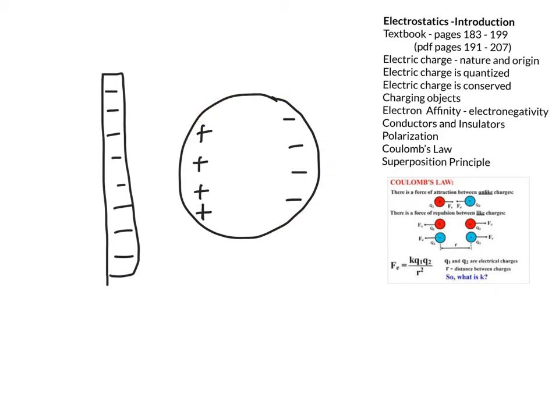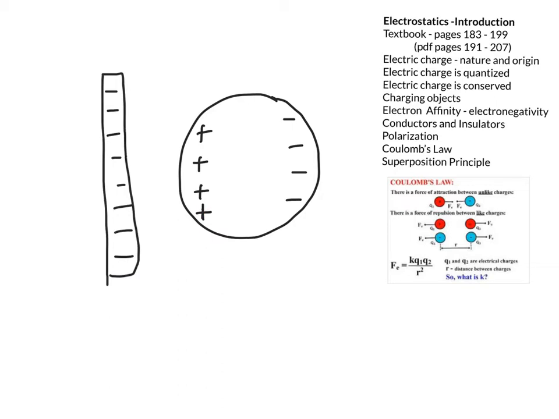On its side, we can actually do this, and the electrons go over here, and that leaves a net positive charge on the front side. So if you said the positive charges move toward the rod because they're attracted, that's generally correct, but in fact what happens is the electrons are free to move. Free electrons move to the far side, leaving a net positive charge on the near side.